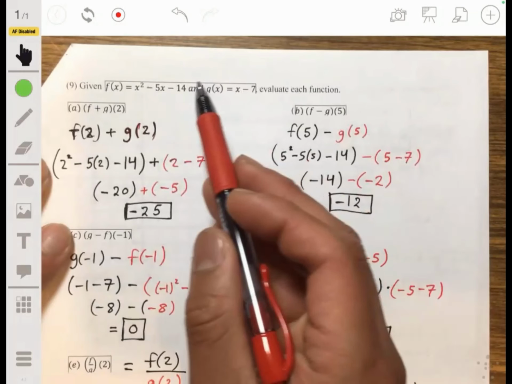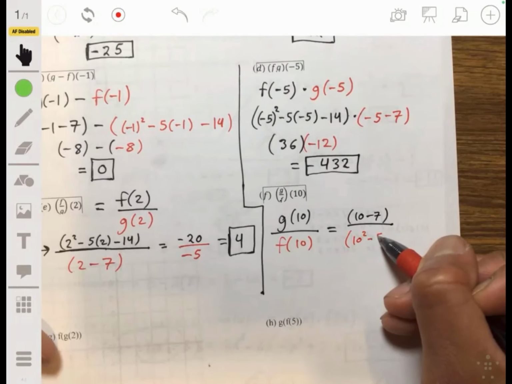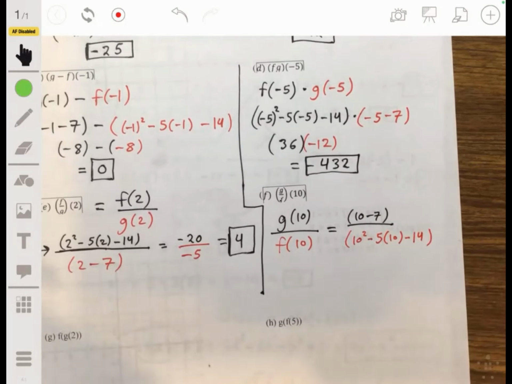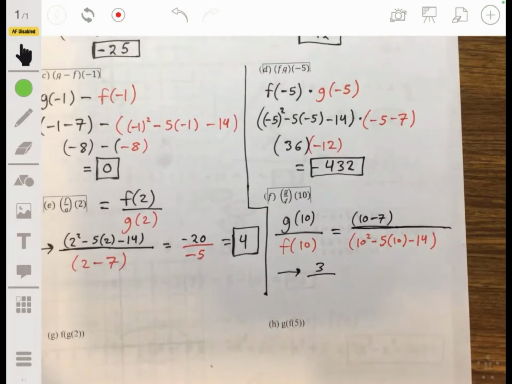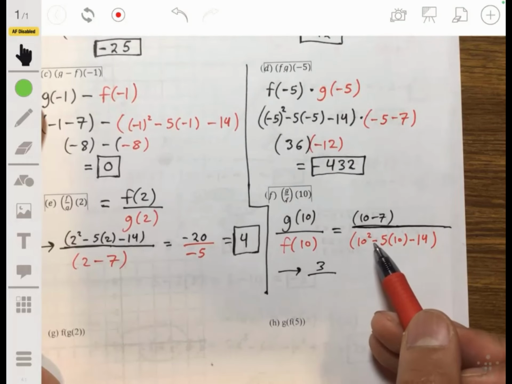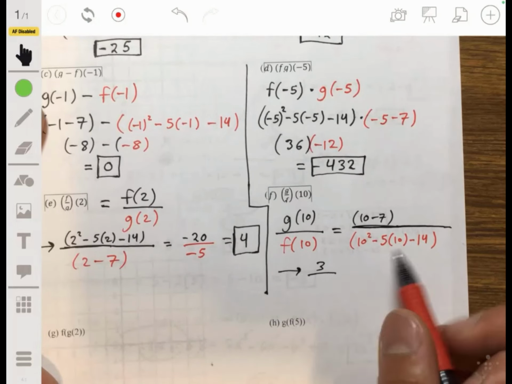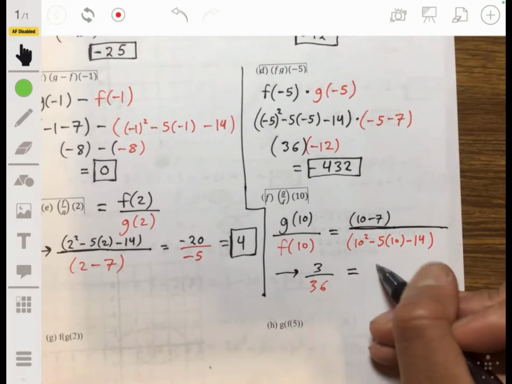F of 10, plugging 10 into there, we'll get 10 squared minus 5 times 10 minus 14. 10 minus 7, we're going to get 3 on top. 100 minus 50, so 50 minus 14, so 36. And then we end up with 1/12.